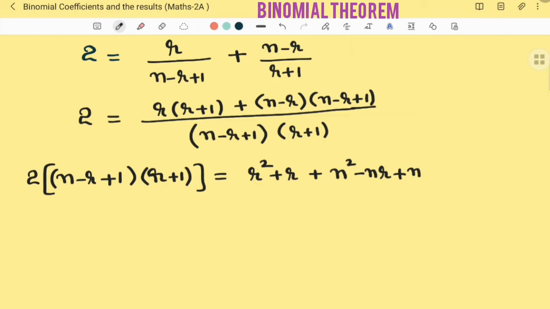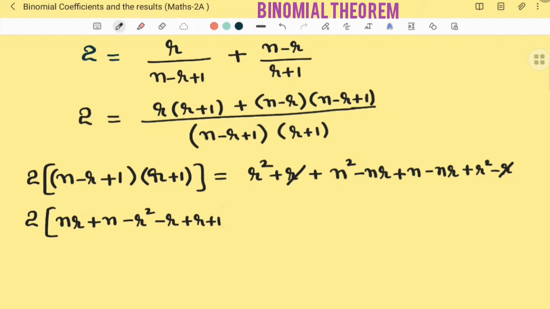Next, each and every term multiplying by minus r. So minus nr, plus r square, next plus minus r. So plus r minus r get cancelled. This side, 2 into actual multiplication: n into r, nr, n into plus 1, n, minus r into r, minus r square, minus r into 1, minus r, 1 into r plus 1, plus r plus 1.